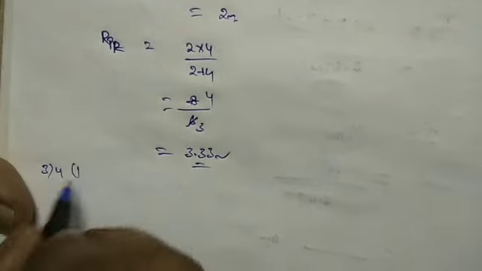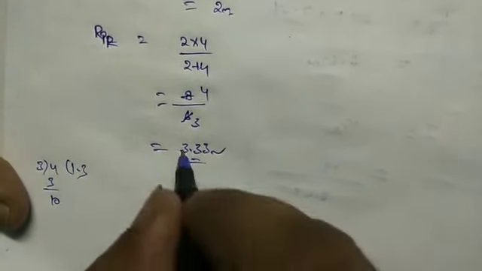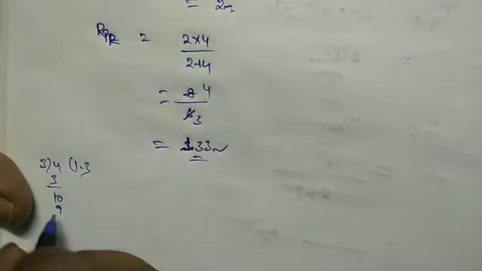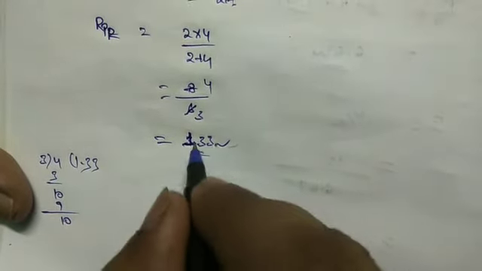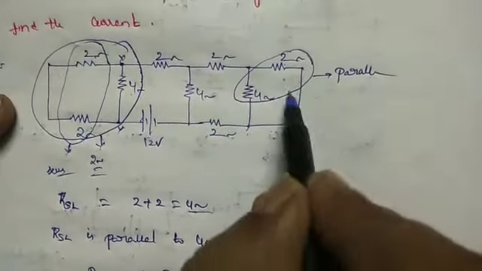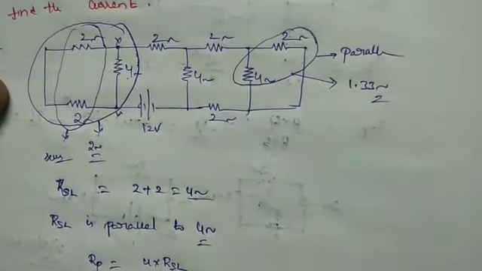Let us check it: 3 into 4 is 3, again 1.33. So RPR is equal to 1.33 ohms. So here 4 and 2 ohms can be 1.33 ohms.